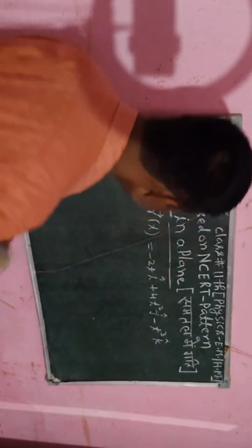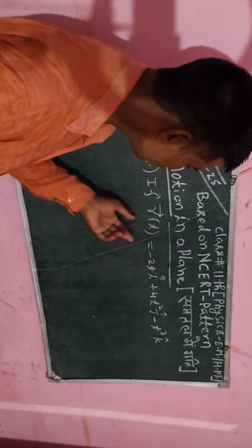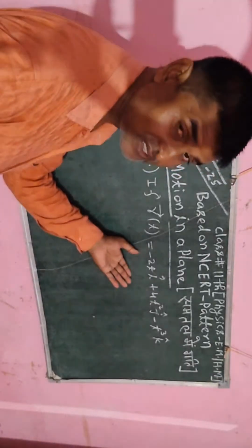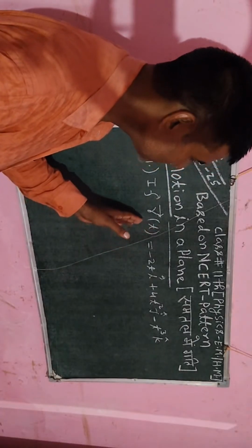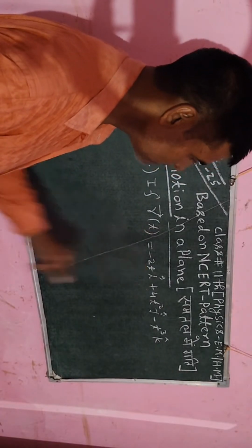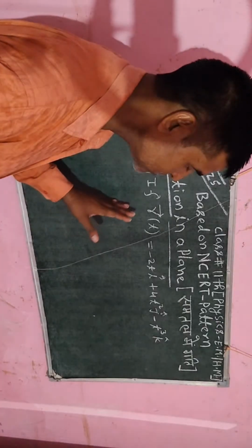Here I have taken one vector available in this form, and this vector has the variable t. This is the vector given in the question.